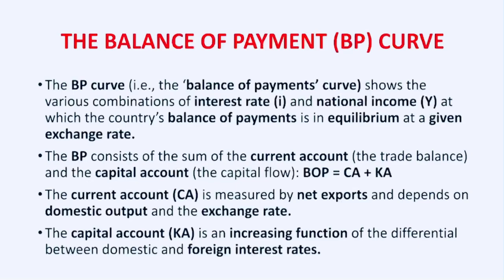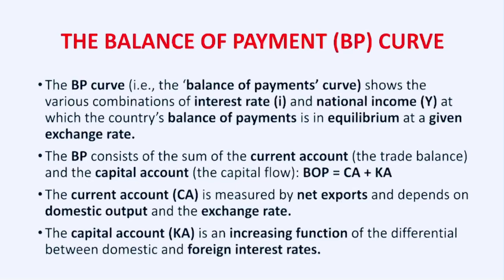Now, the balance of payments consists of two things: the current account and the capital account. The current account is usually spoken of in terms of the trade balance, and the capital account is usually spoken of in terms of the capital flow, the capital balance. So the BoP is simply the sum of the current account, let's say CA, plus the capital account, KA.